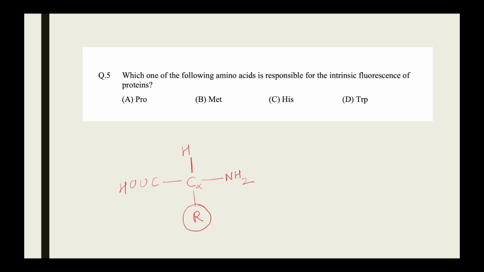As all the valencies of the alpha carbon of an amino acid are possessed by four different groups, this carbon is a chiral carbon. Okay, except in the case of glycine, where the R group is hydrogen itself. So we'll see the glycine structure.